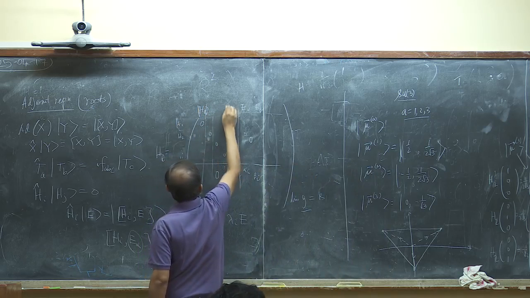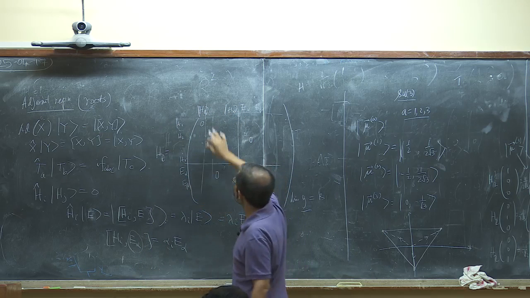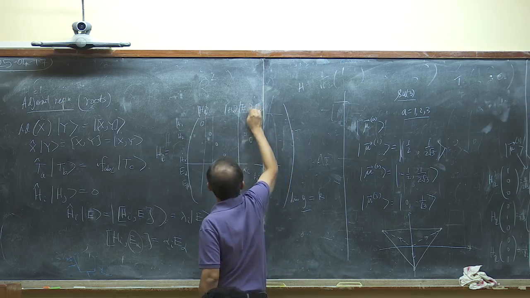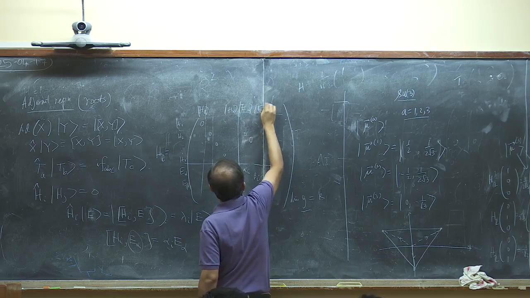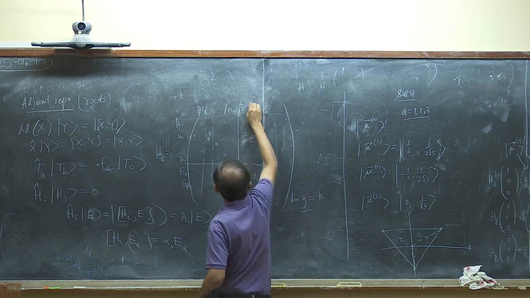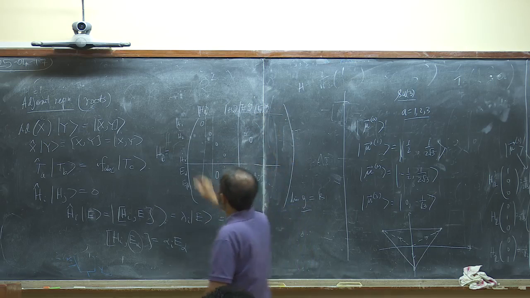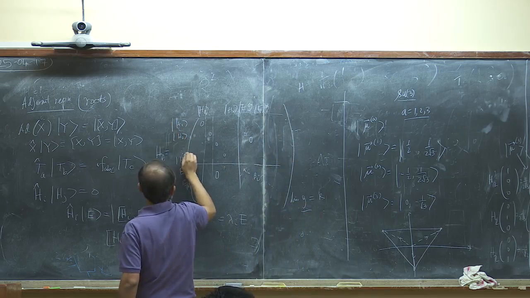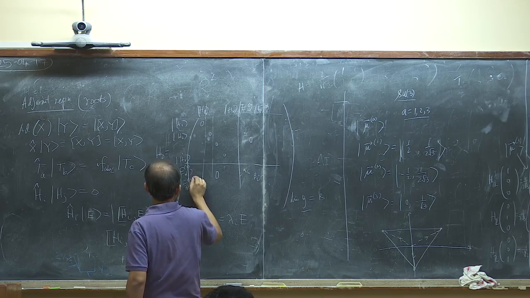So how does one think of a matrix for an operator? You write the kets here like this, for various alphas, let's say E alpha 1, E alpha 2, and so on.